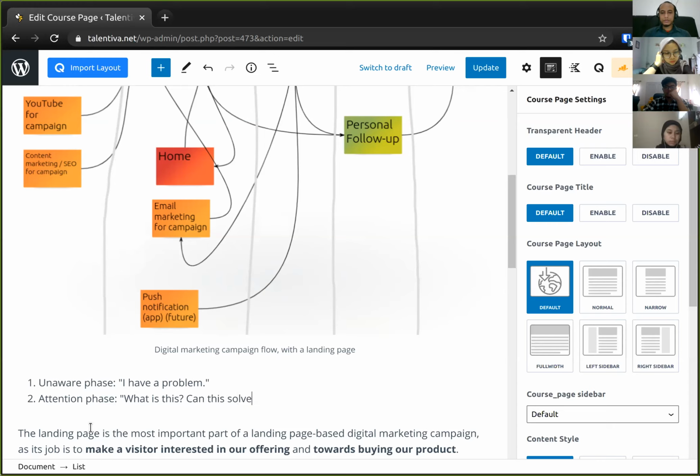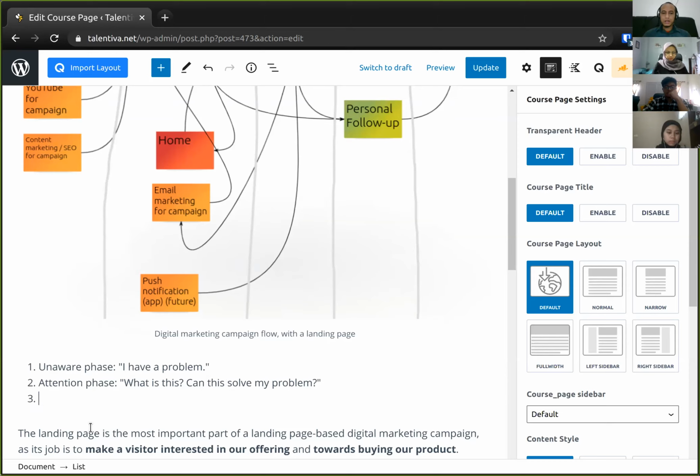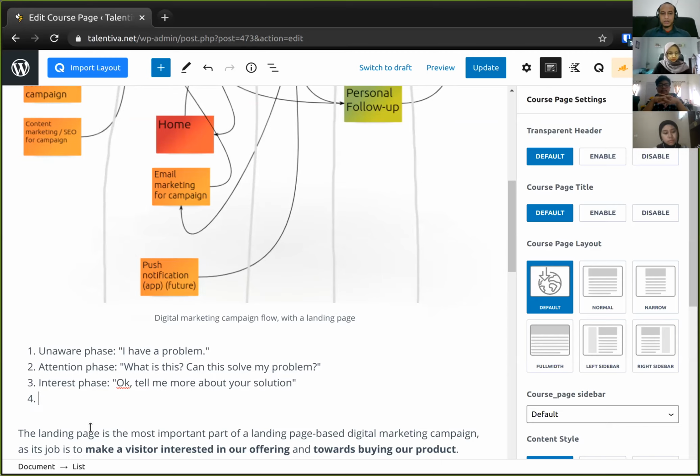Can this solve my problem, right? And then at the interest phase, the user is thinking, okay, tell me more about your solution. And then at the desire phase, the user is thinking, all right, why should I buy your product instead of a competitor?